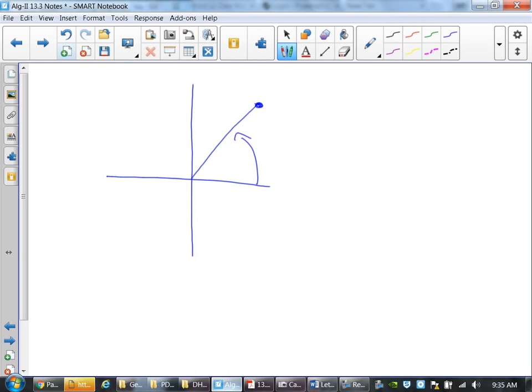Okay. If I place that theta at the origin, I can then drop some vertical component, and I have some horizontal component to create a right angle. So it creates a right triangle.